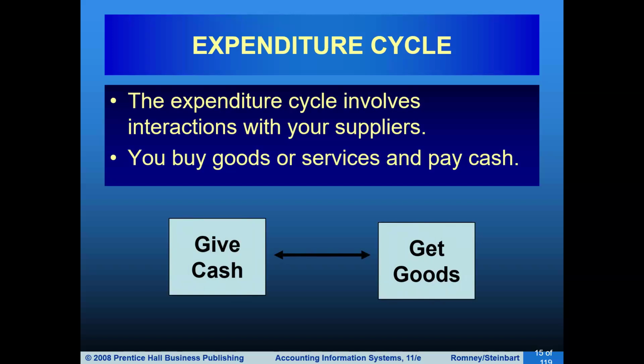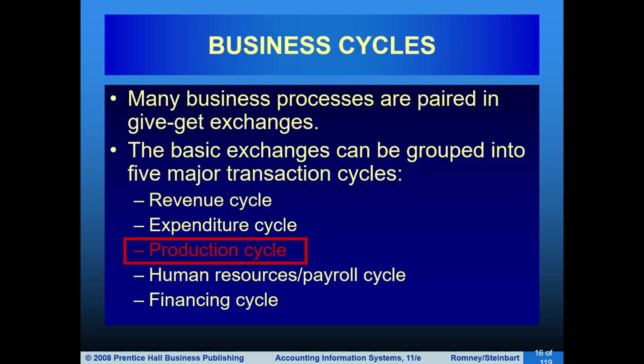In summary form, we give cash and we get the goods. Give-get relationship is common. Sometimes we give, sometimes we get, or another person gets or gives. This is very common for an organization. From the organization's point of view, in the revenue cycle you give goods and get cash. In the expenditure cycle, you give cash and you get goods or services.